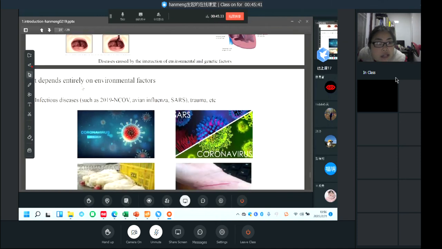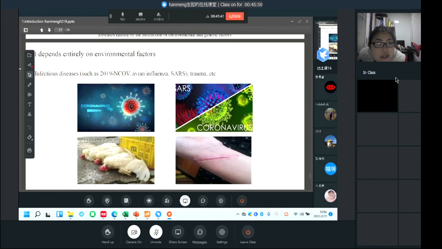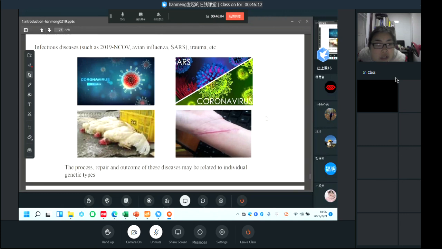There are also some diseases that depend entirely on the environmental factors. This mainly refers to the infectious diseases such as the 2019-nCoV and the avian influenza, the SARS, and so on.